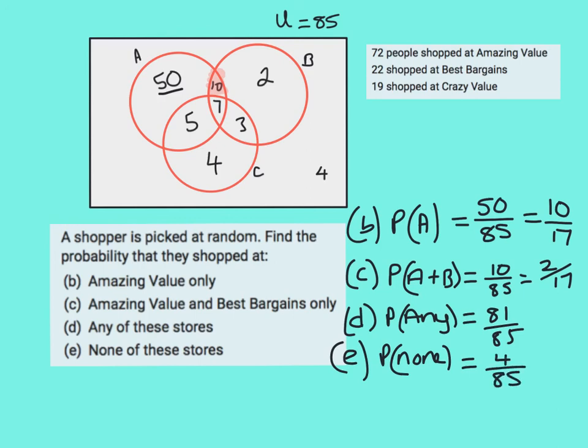Now, if we couldn't see it from the Venn diagram, very simply, it's going to be 1 minus the P of people going to shops. So that's another way of finding out. That's how it can pop up with sets.